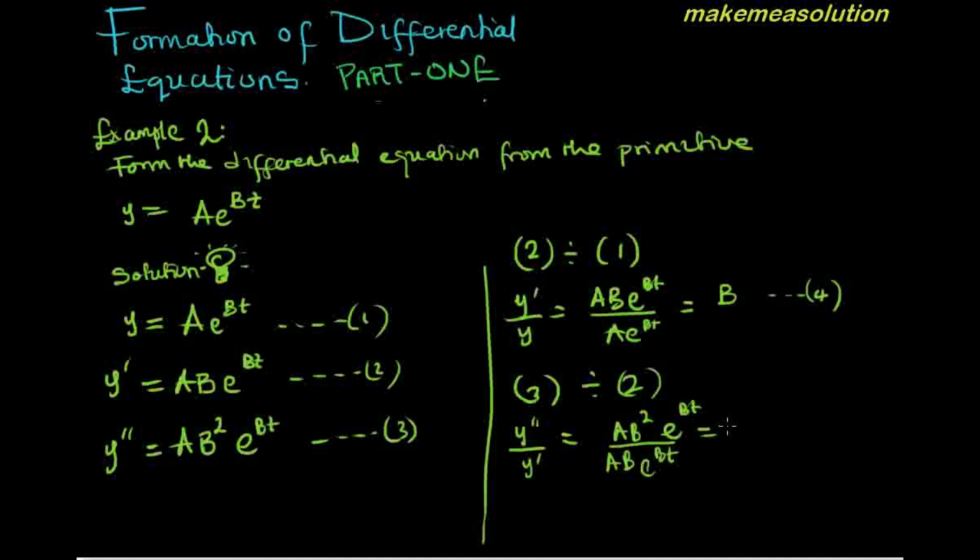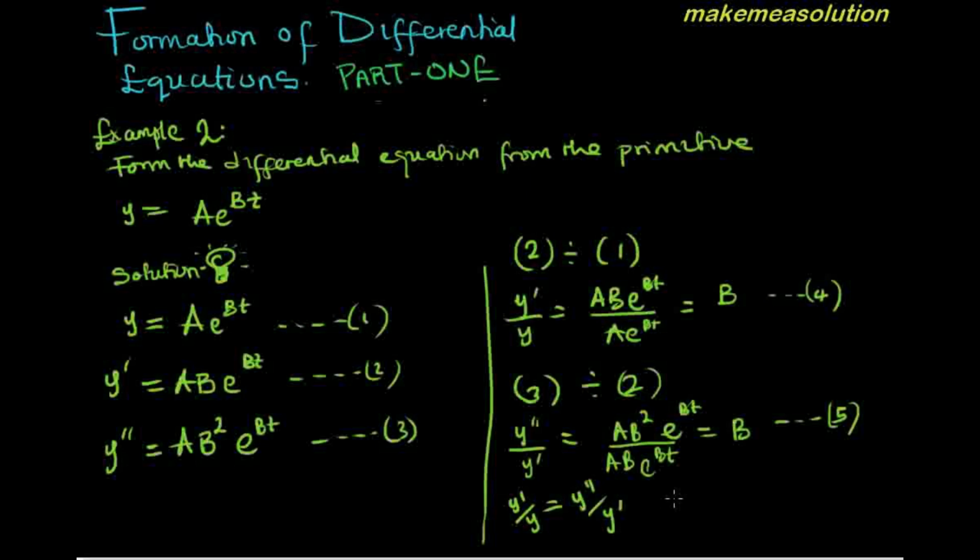So this is also b, equation 5. So you can see that equation 4 and equation 5 have the same right hand side. So in other words, y prime over y is equal to y prime prime over y prime.